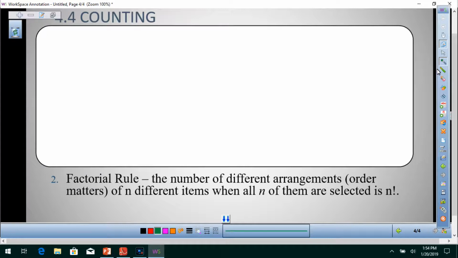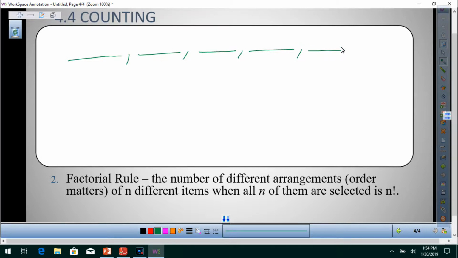A statistics researcher must personally visit the presidents of, we'll say, Gallup, Nielsen, Harris, Pew, and Zogby. So how many total are there? 1, 2, 3, 4, 5. How many choices for his first trip? 5.